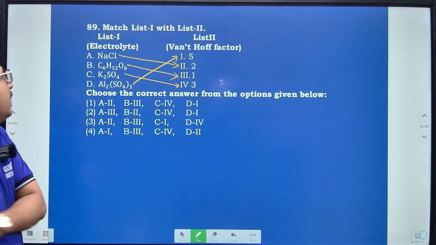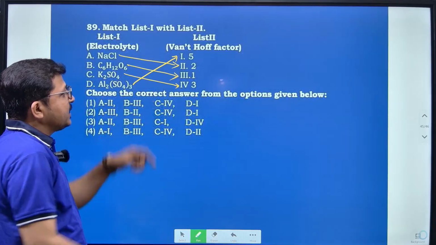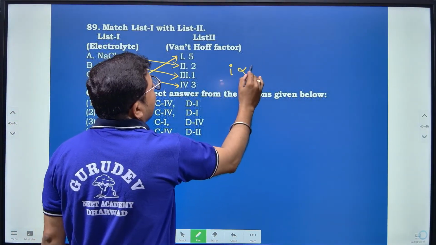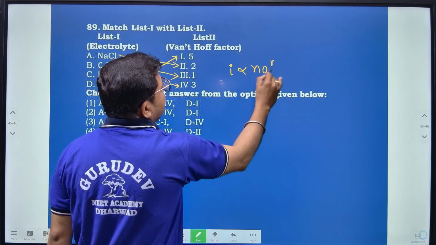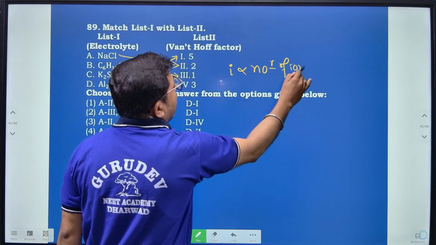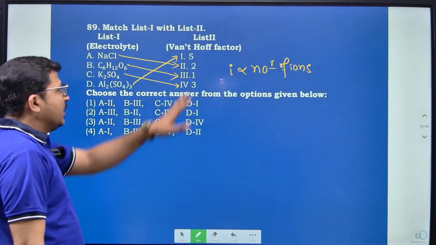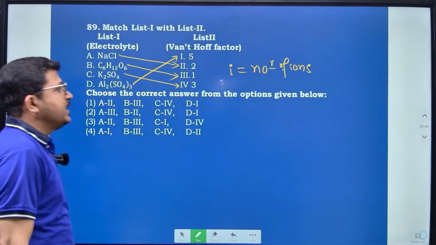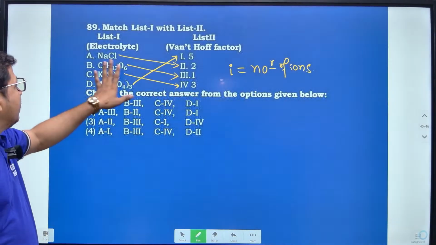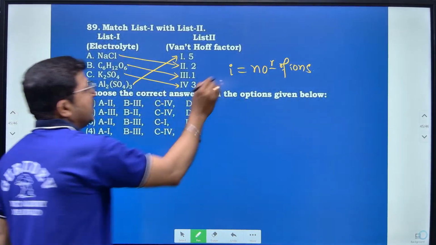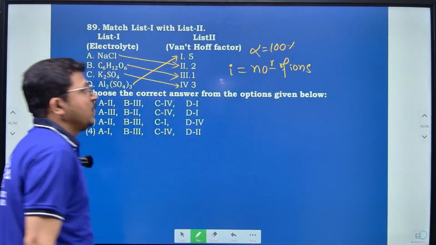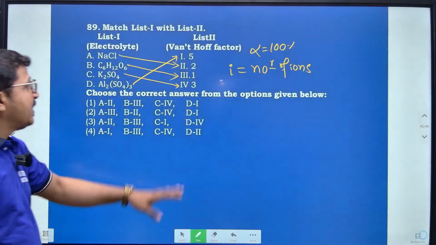So look here, how I have calculated this: the Van 't Hoff factor i is directly proportional to the number of ions. Sometimes the Van 't Hoff factor is equal to the number of ions, meaning if there is 100% dissociation, alpha is equal to 100%, the degree of dissociation is 100%.